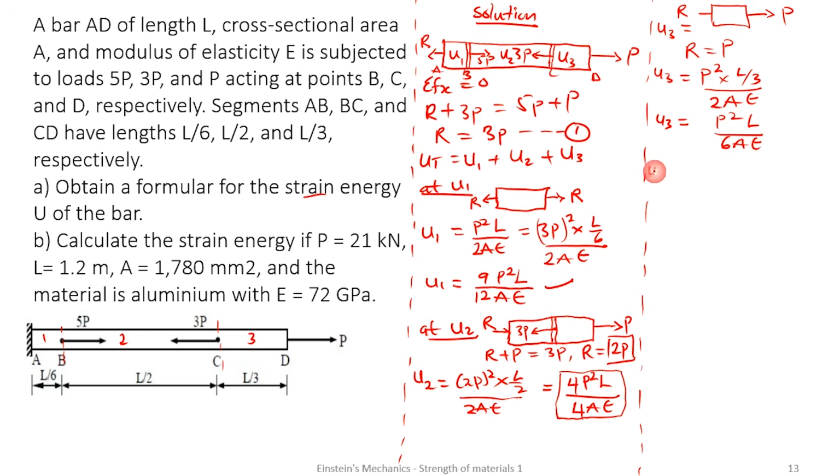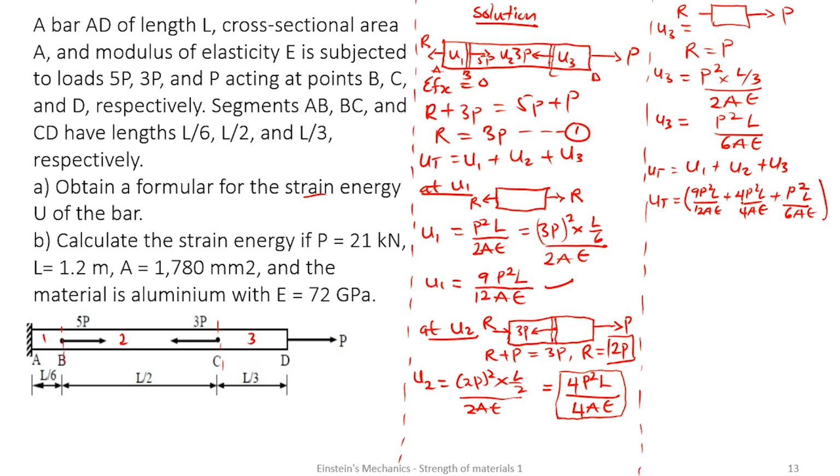So summing all the U, which is U1 plus U2 plus U3, I'm going to get UT. Let me try to sum them up here. 9P squared L on 12AE plus 4P squared L on 4AE, which is like 1, plus P squared L on 6AE.